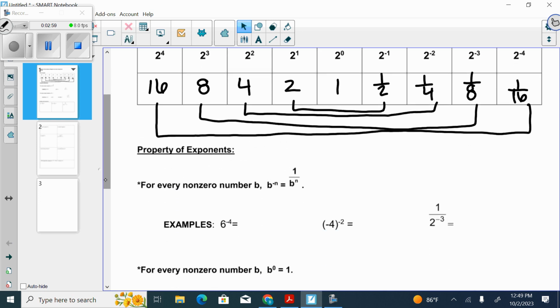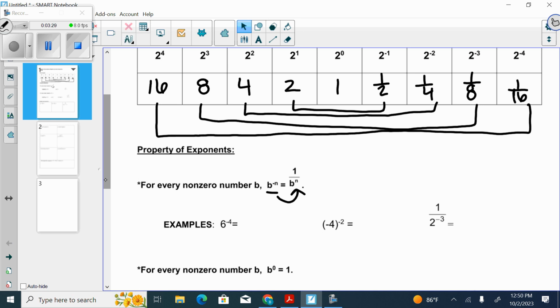And this rule says for every non-zero number, so as long as you aren't doing it to the number 0, if you have something raised to a negative exponent, just like here, this says -n, what that really means is to take it and put it in the bottom of a fraction and just raise it to the nth power. It doesn't make the number negative, it just means put it in the bottom of a fraction, okay?